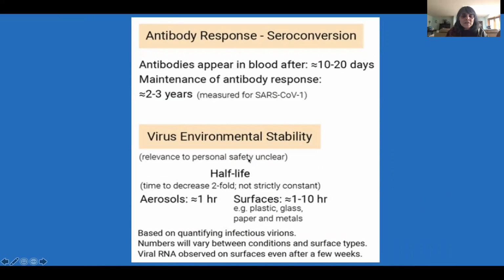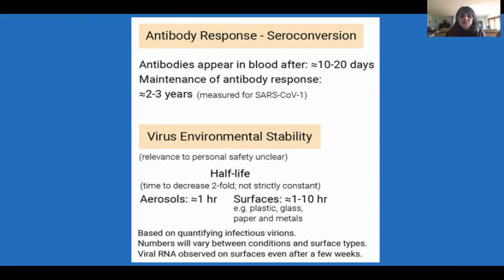Here's some information on the viral environmental stability. In aerosols, the half-life is about an hour. On surfaces, it's said to be 1 to 10 hours, but I want to point out something. Some of these studies were on quantifying infectious virus, but some of them weren't. They were just measuring whether they could find RNA there. And just because there's RNA there doesn't mean it's infectious.